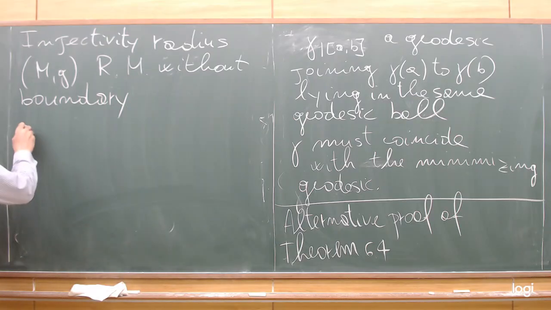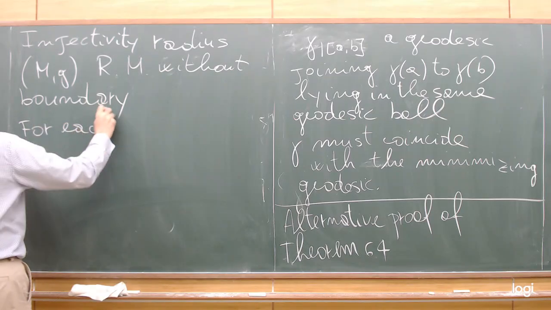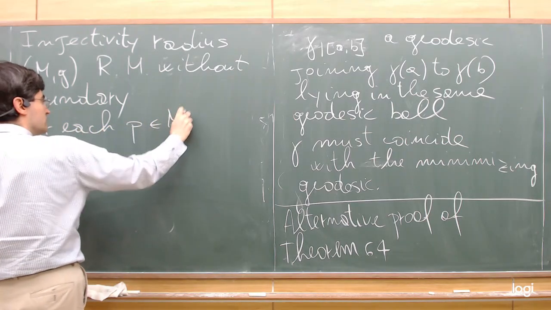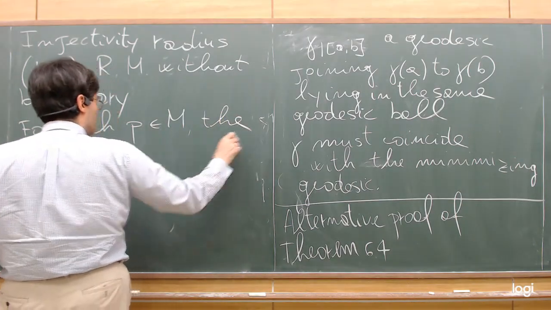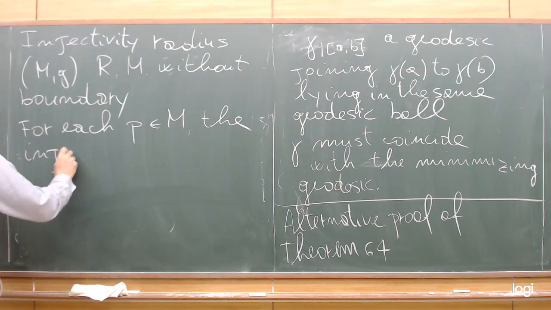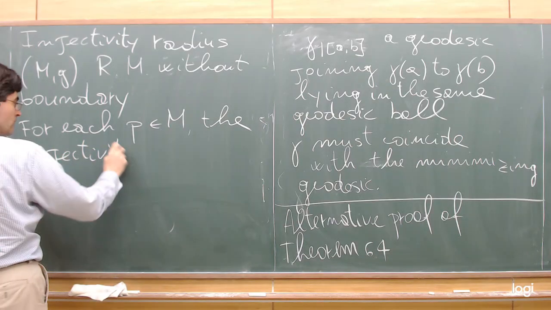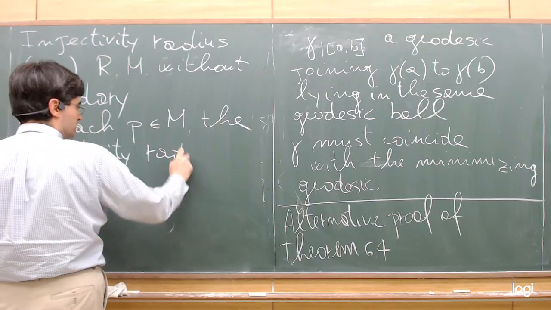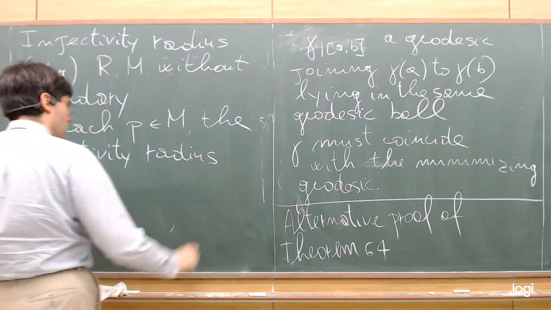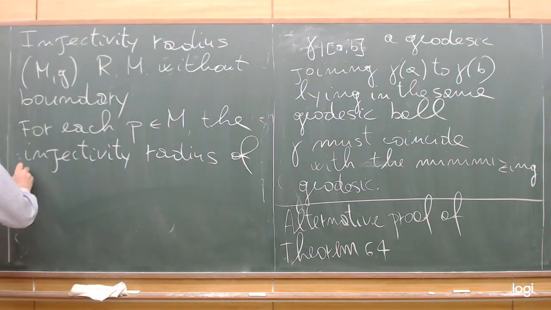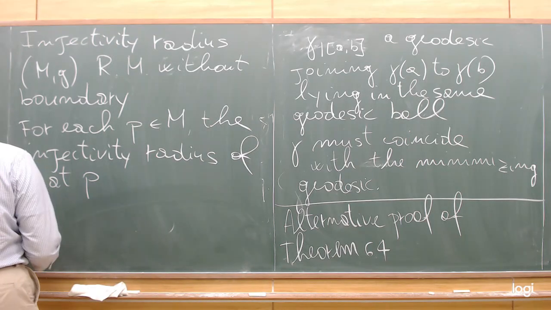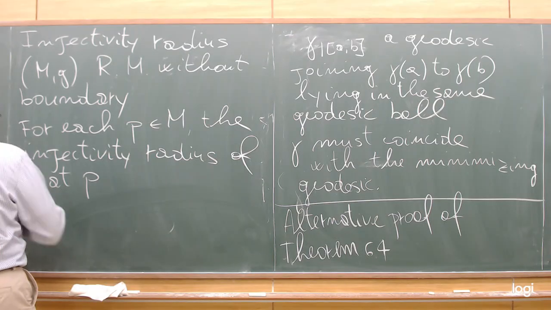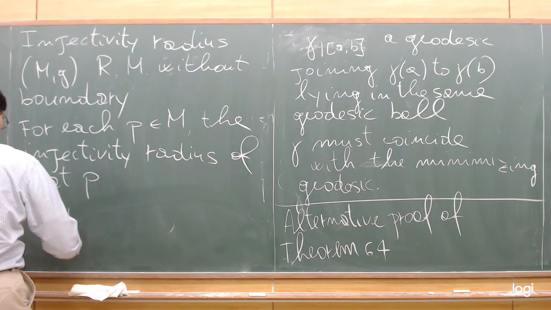Then for each P in M, we define the injectivity radius of M at P as follows.